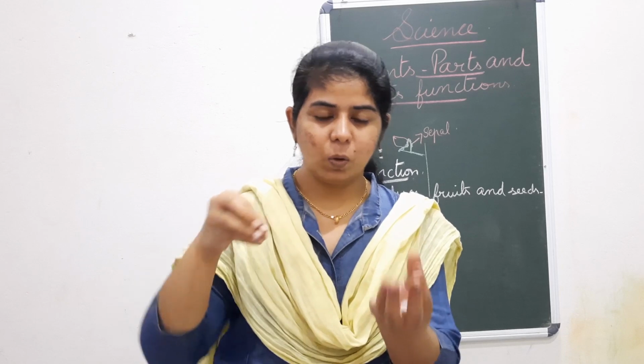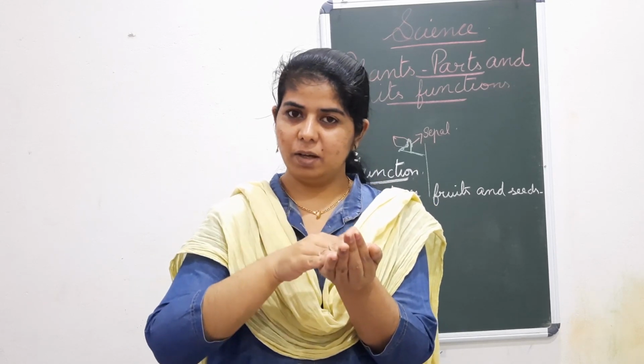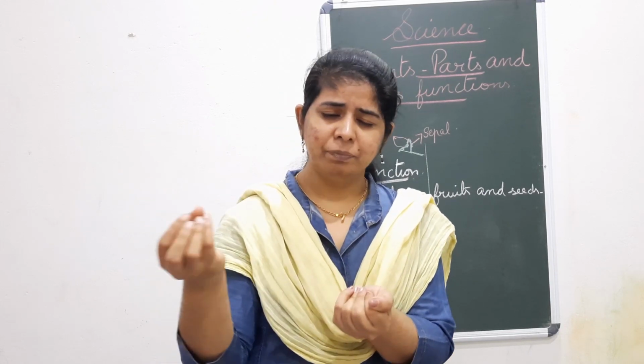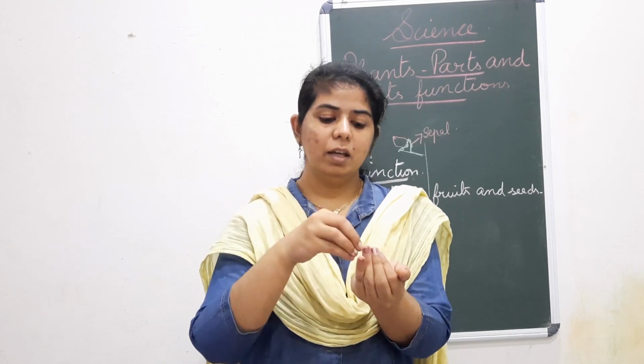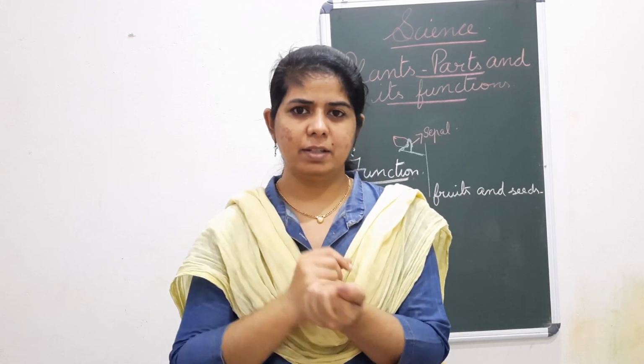Take a coconut shell, put some soil inside it, and put that green gram inside it. If you plant it and sprinkle a little water on it, keep it for 2 or 3 days. 2 days is enough.